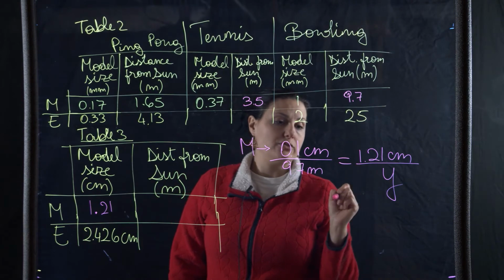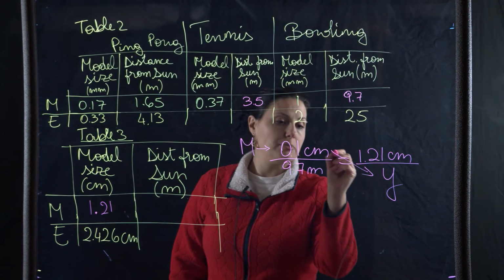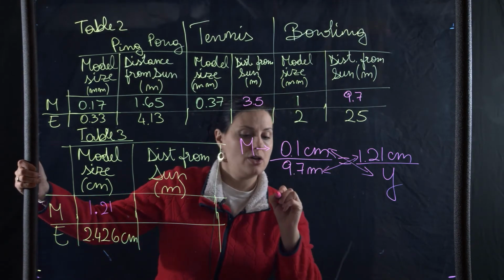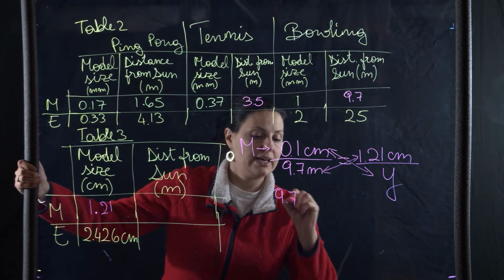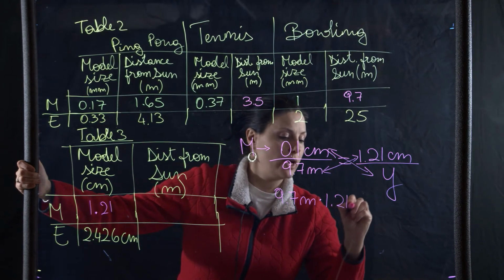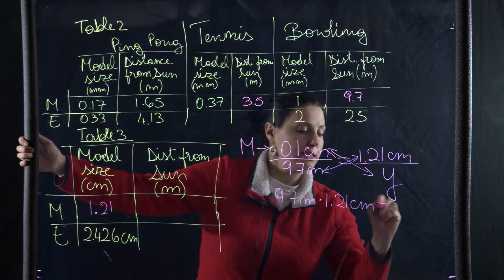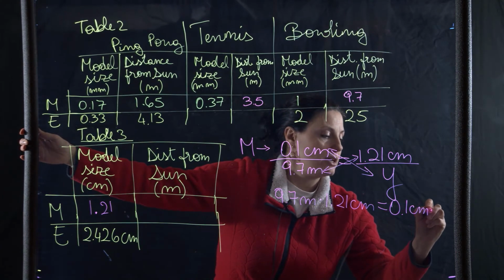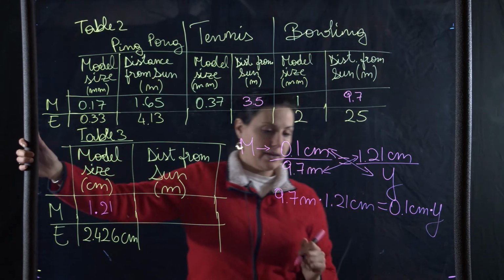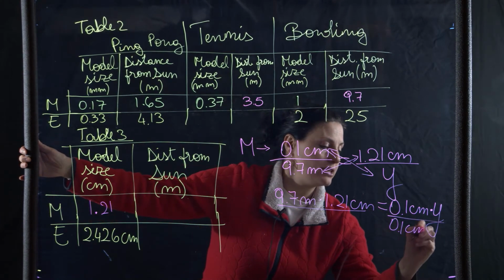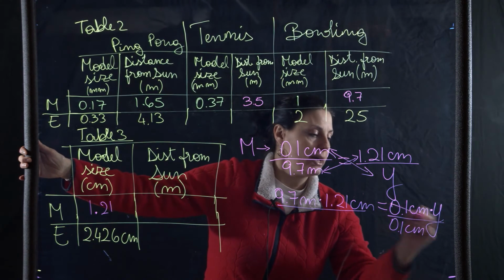This is what I need to find out. Cross multiply and make the products equal to each other. So I have 9.7 meters times 1.21 centimeters is equal to 0.1 centimeters times y. Divide both sides by 0.1 centimeters to isolate y.